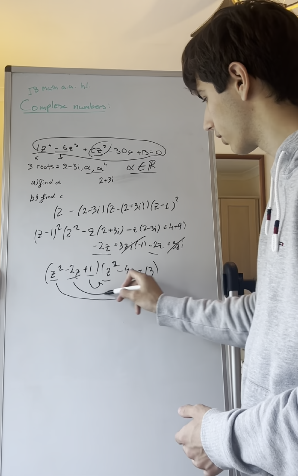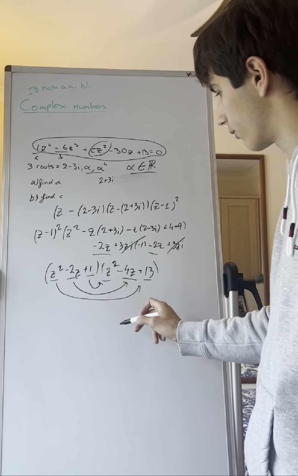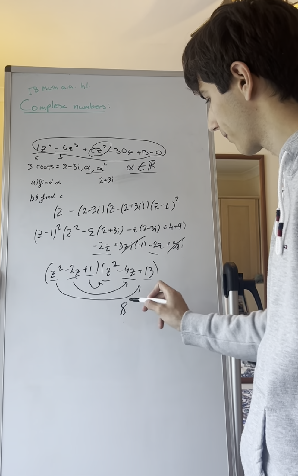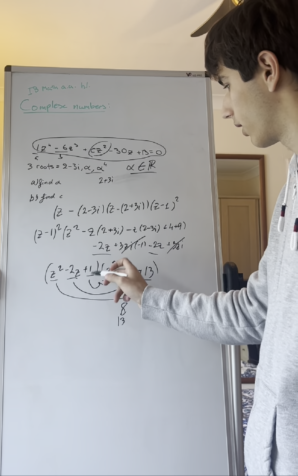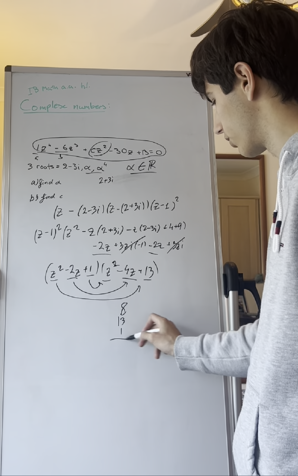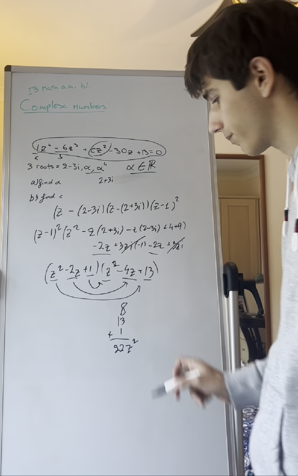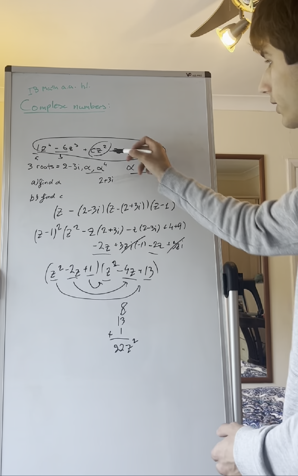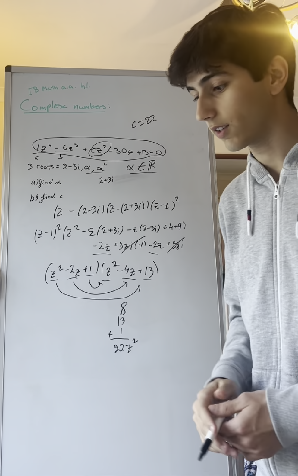And we're going to have the product of these two. So that's going to be negative 2 times negative 4, which is going to be 8. 1 times 13, which is 13. And 1 times 1, which is 1. So we're going to add all of those up and get 22z squared. And so our C is equal to 22. And that's the whole question.